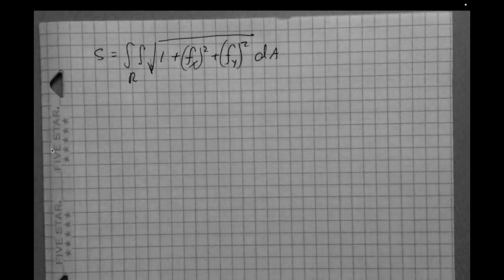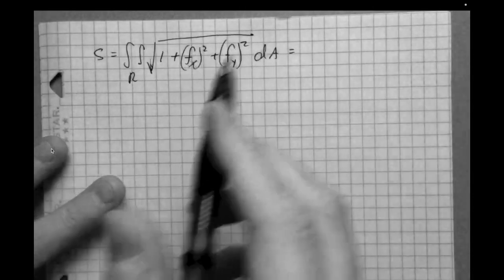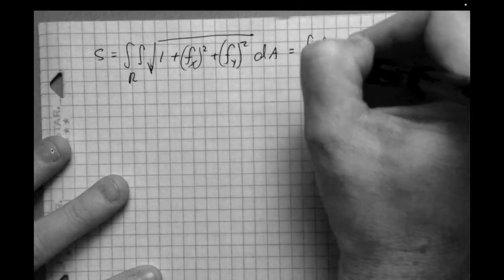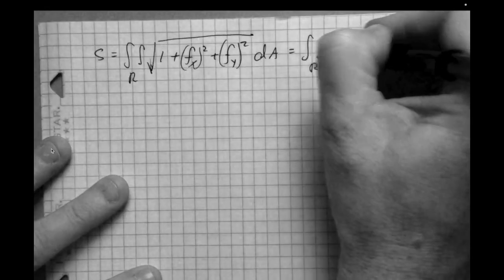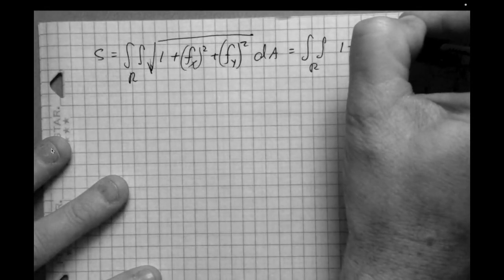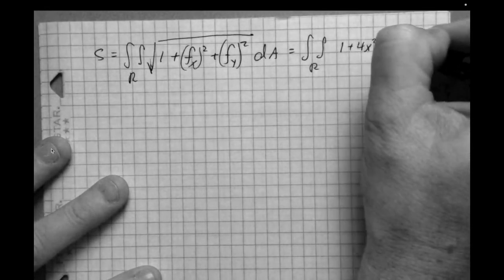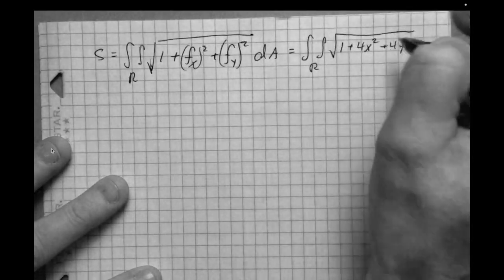And so we can just plug everything in here, right? In this case, we'll go with just plugging in the function first. So this is 1 plus 4x squared plus 4y squared dA.